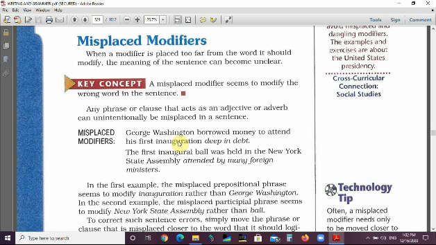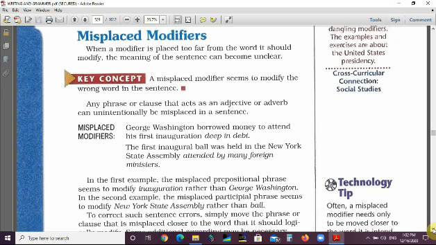Joe Biden will be inaugurated on January 20th as President of the United States of America. Another example, where the phrase or clause is misplaced: The first inaugural ball was held in the New York State Assembly, attended by many foreign ministers.